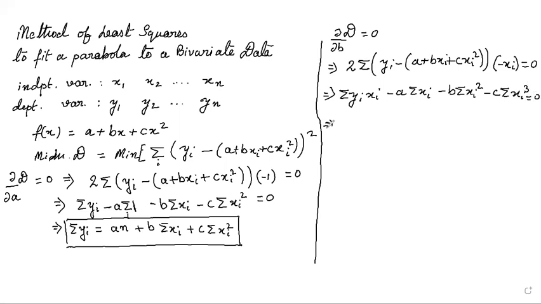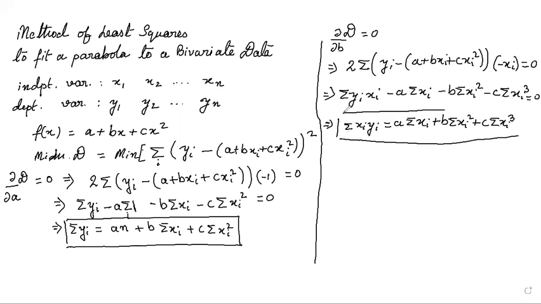So summation xi yi equals a summation xi plus b summation xi square plus c summation xi cube. This is the second equation.